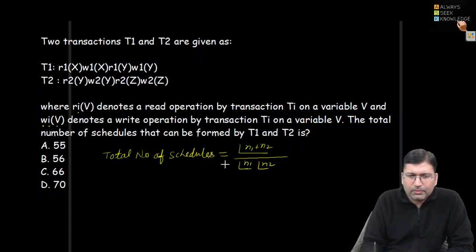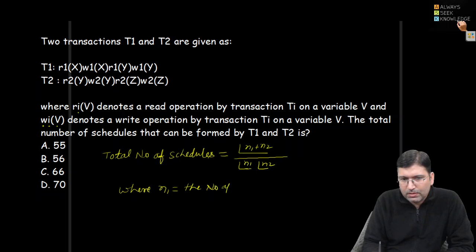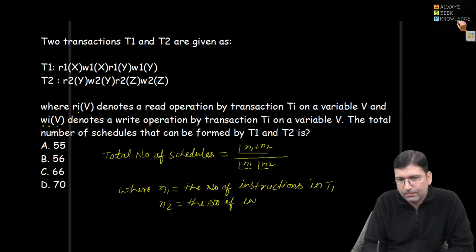What are n1 and n2? Where n1 is the number of instructions in T1, and n2 is the number of instructions in T2.